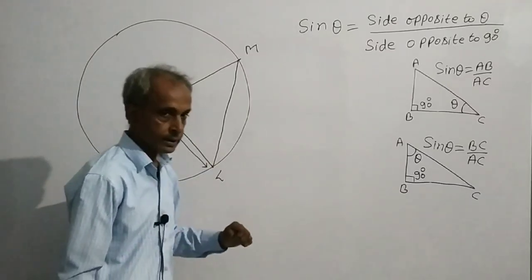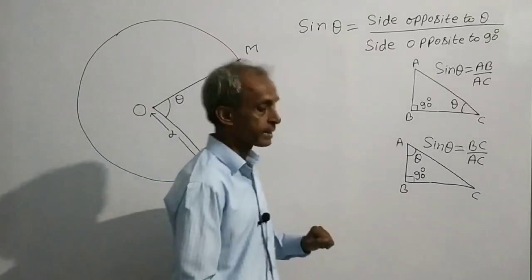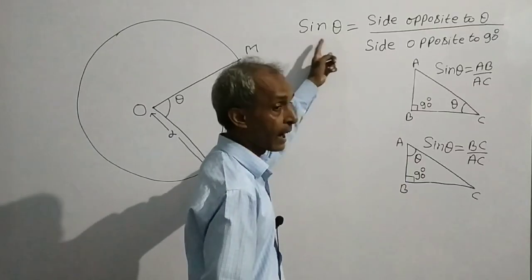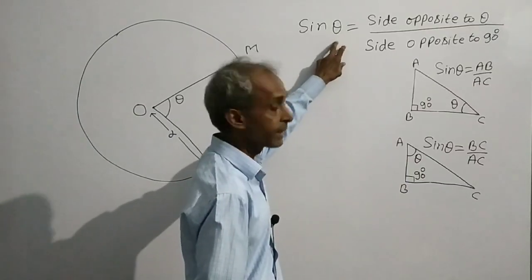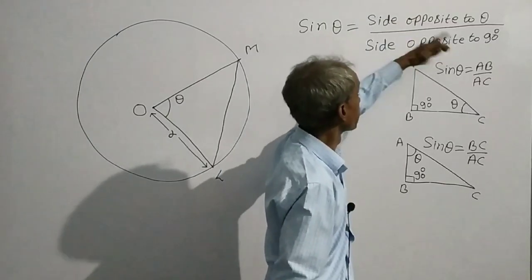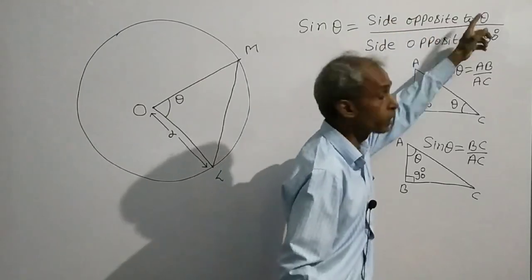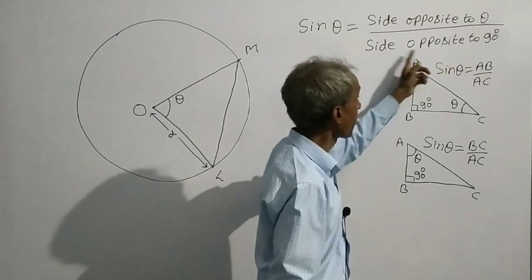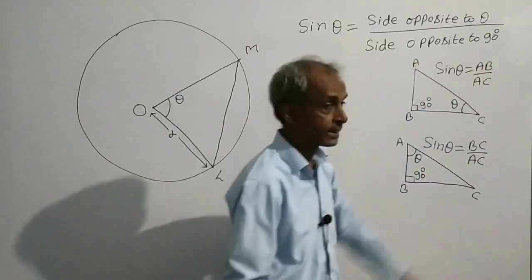For this purpose, we will have to understand the meaning of sin theta. Sin theta is the ratio of two sides: side opposite to theta by side opposite to 90 degrees.